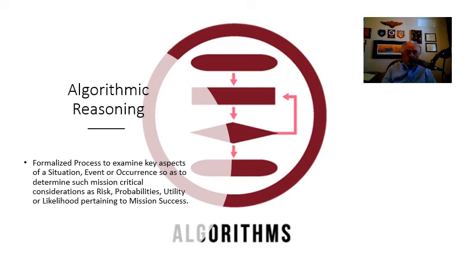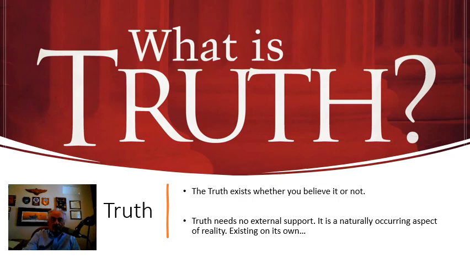It is a formal process to examine key aspects of a situation, event, or occurrence so as to determine such mission critical considerations as risk, probabilities, utility, or likelihood pertaining to mission success.